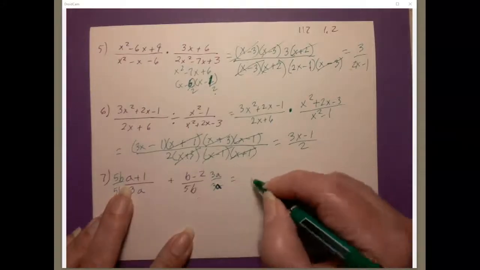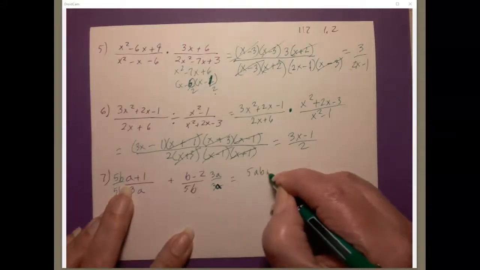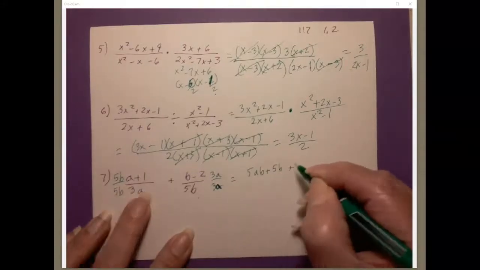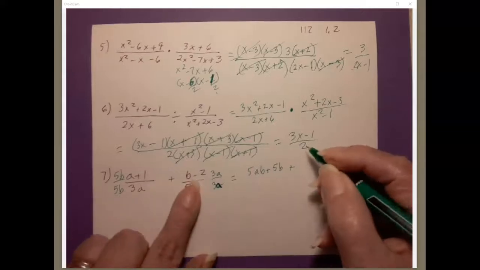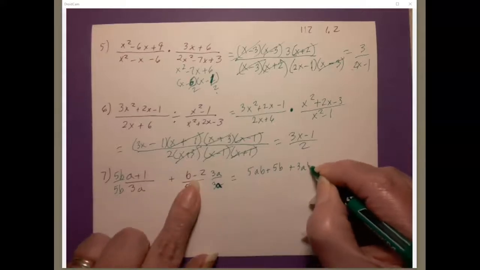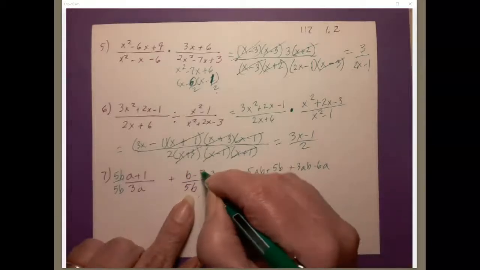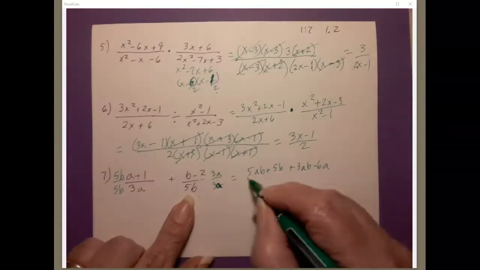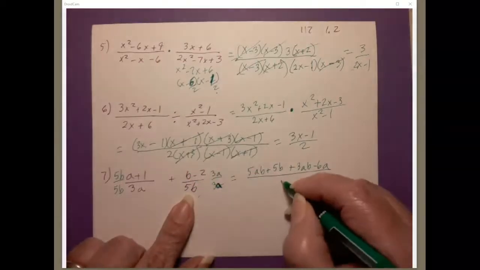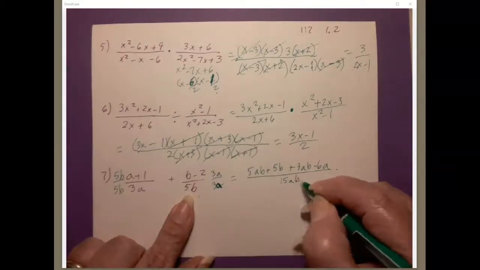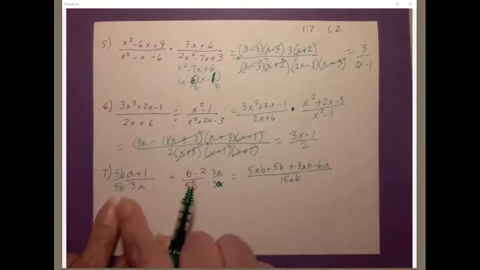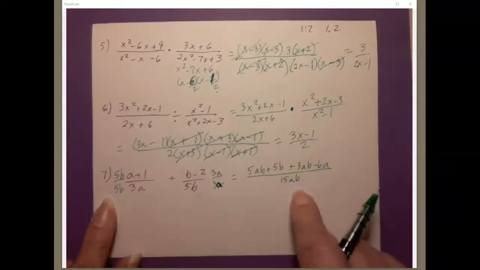So if I multiply this, I get 5ab plus 5b plus there, 3ab minus 6a. So I'm just distributing this to both of these, being careful of signs, all over 15ab when I multiply this out. They both have 15ab. It's like both of them are in inches now.